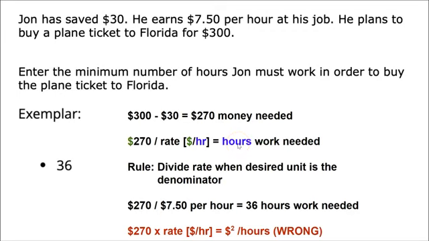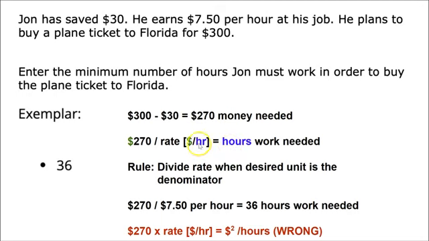As a general rule of thumb, if you have a rate and the desired unit is in the denominator, so it's hours, that means you want to divide by the rate in order to get the desired unit that you want. But if it was in the numerator, then you want to multiply by that rate.